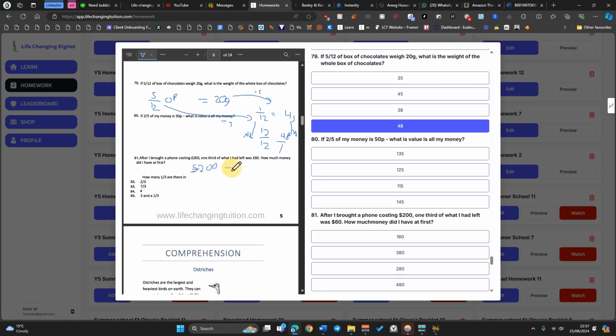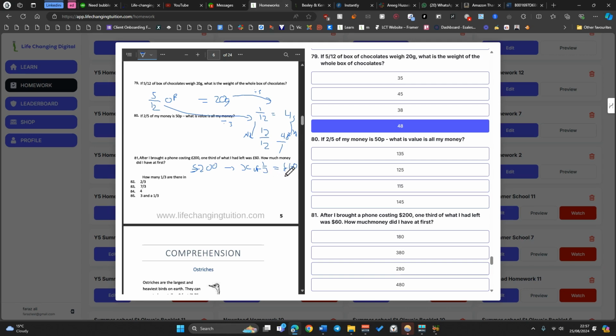So he spends £200, that leaves him with X money, and then if you find 1/3 of X, that is equal to 60. So this is a wordy problem, but basically it's just another fraction of missing quantity, where 1/3 of this number is 60, right? So 1/3 of what was left after the purchase was £60.